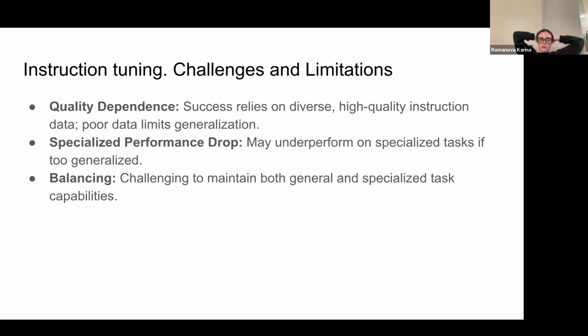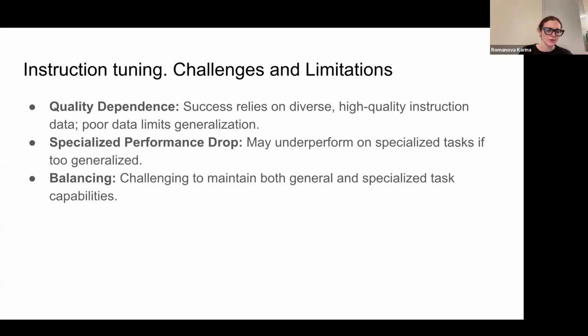In this case, all will be good. But yeah, it's necessary to remember that if we do instruction tuning on a bad pre-trained model, we will not achieve good results.